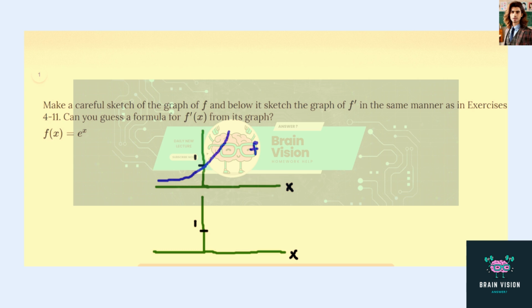Now, it may be a bit difficult, but we're going to attempt to draw the graph of f prime by using the slopes of the tangent lines that are tangent to this function f.